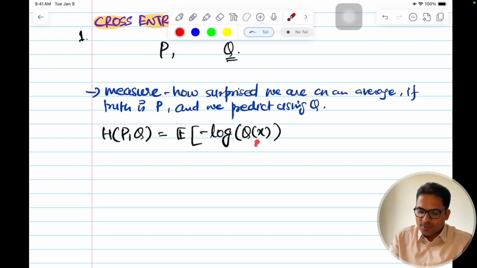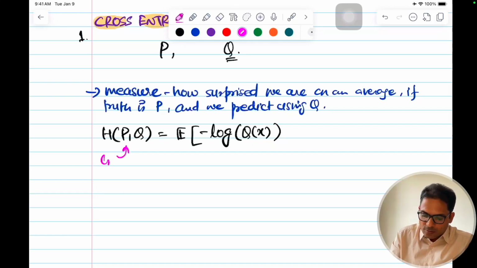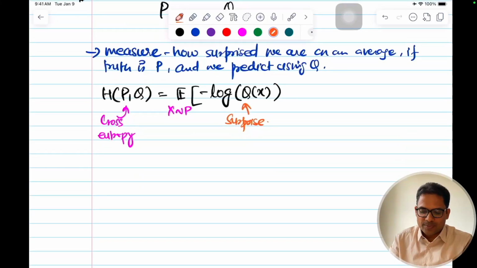So the surprise will come from here, log Q of x, and this is my cross entropy. The distribution of x is coming from P. This is my actual distribution, and this is my surprise factor. And what is the expected value formula again?